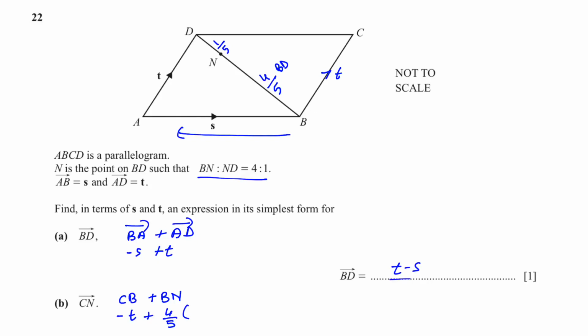BD is T minus S. Therefore, we just have to open the brackets up. Negative T plus 4/5T minus 4/5S. Negative T plus 4/5T will give us negative 1/5T and negative 4/5S. So that is our CN.